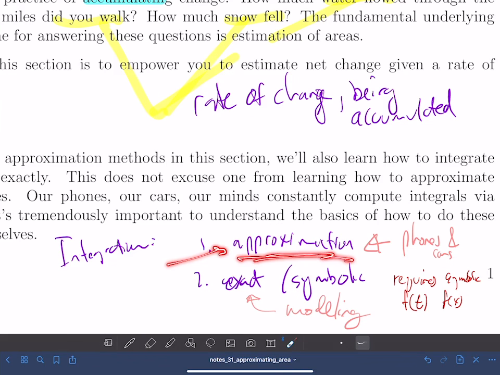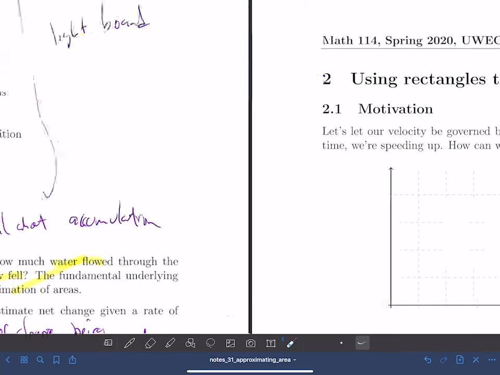Instead, we have to approximate, and that uses the techniques in this section, although they use much more sophisticated methods. So we should use this particular section as an attempt to give you the concepts of approximation of net change, and a springboard into taking more classes in the future to learn how this is done with much higher quality than what we're about to do. Okay? Let's turn the page.